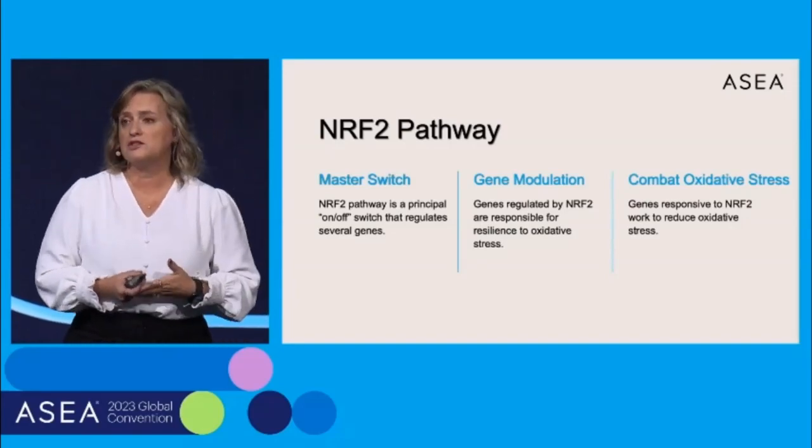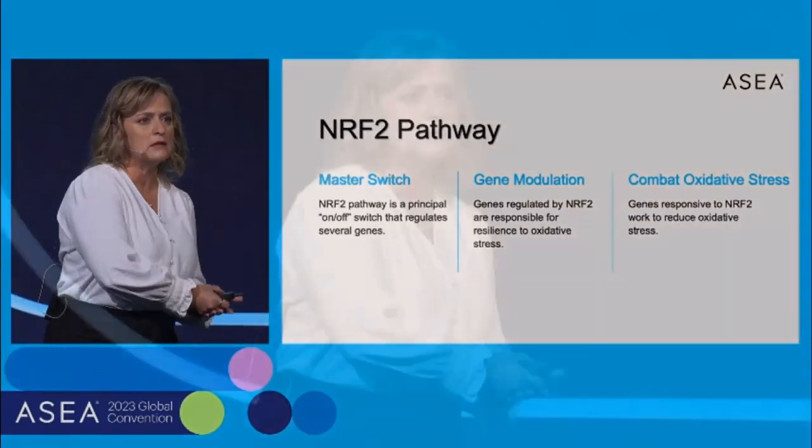And finally, the genes that respond to the NRF2 pathway are involved in protecting the cells against oxidative stress. NRF2 is one of the major pathways in our body involved in adaptation to stress.